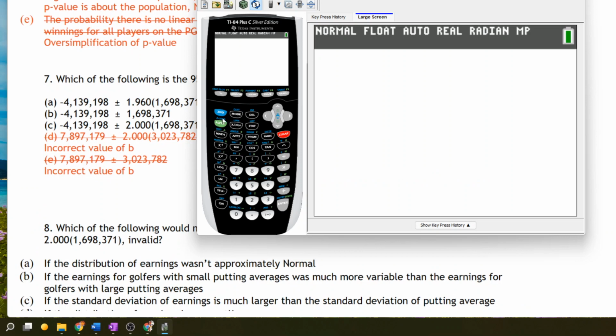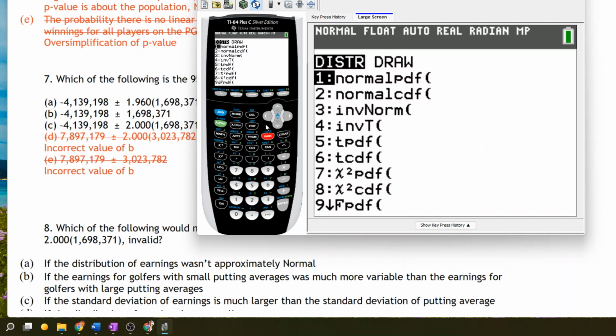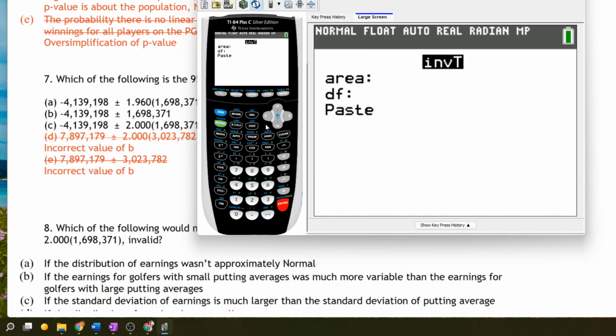So grabbing my calculator, we can go to the inverse t, and we want a 95% confidence interval. So we're going to do 1 minus 0.95, divided by 2. That's going to give me the left tail. There were a total of 69 golfers, minus 2.